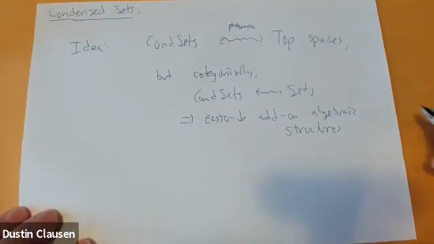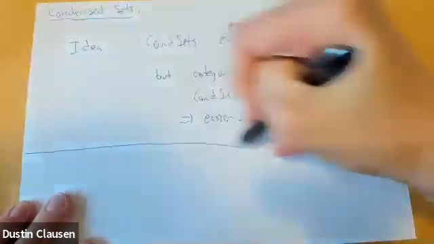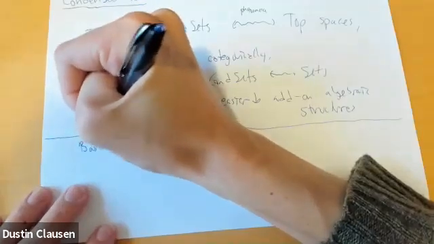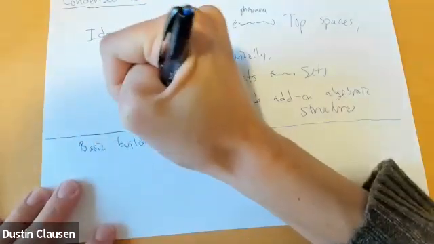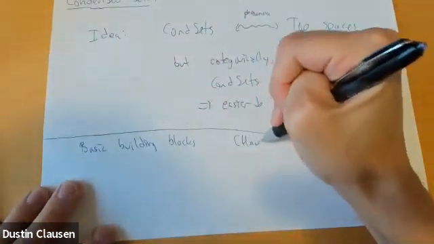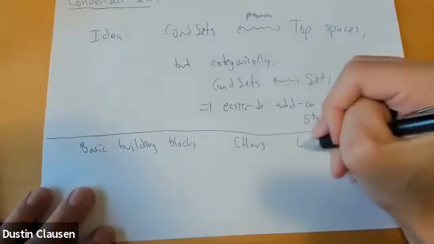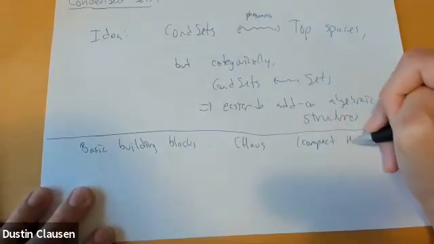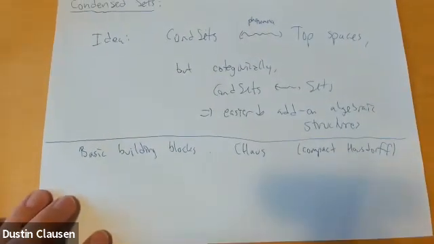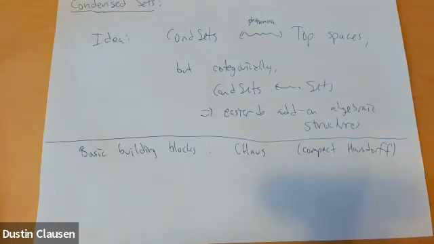So, okay, how are we going to achieve this? Well, morally, we're going to decide that our basic building blocks will be essentially compact Hausdorff spaces, or perhaps certain specific kind of compact Hausdorff spaces. We're going to take these basic building blocks and allow ourselves to glue them together, perhaps in an infinitary way, along certain relations.